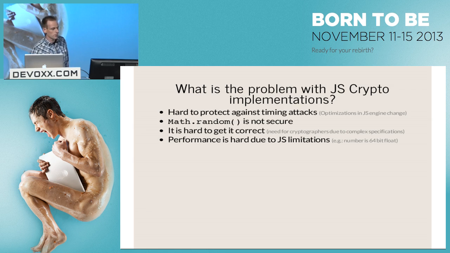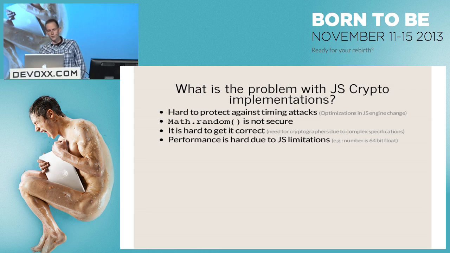And in the browser, because the browser vendors are always optimizing the JavaScript engine, those timings change over time, and the optimizations are really different between different kinds of browsers. So it's really hard to get a constant time in JavaScript.